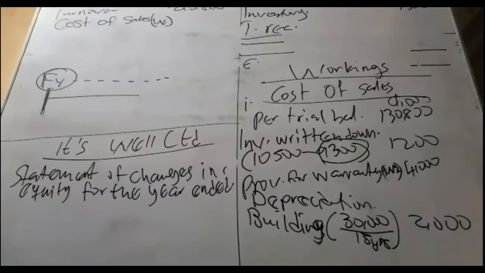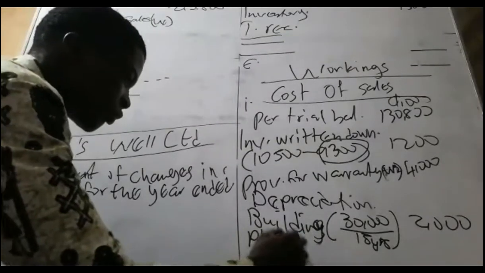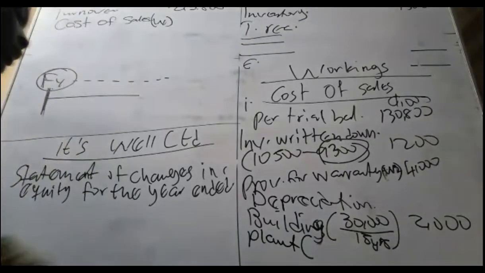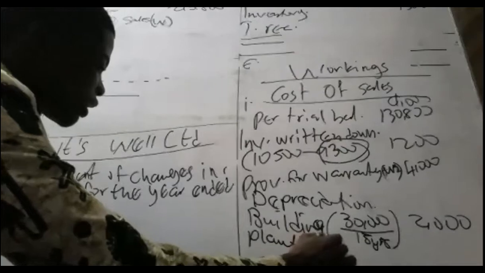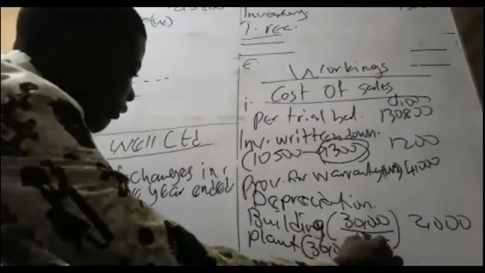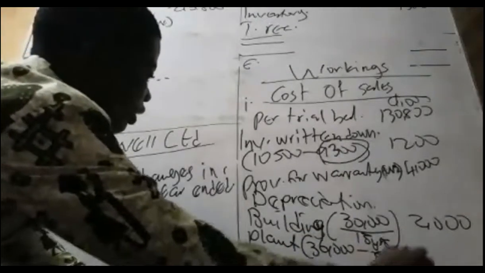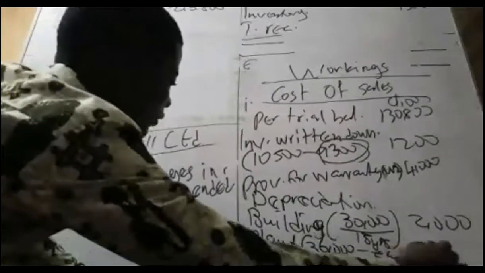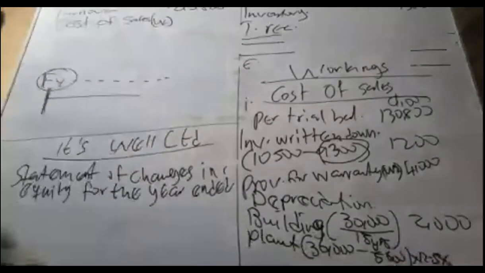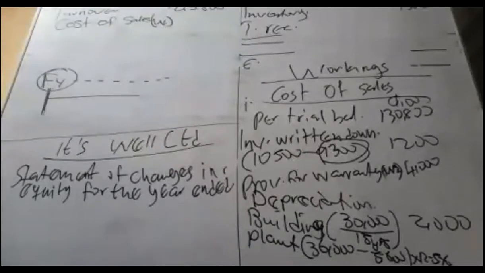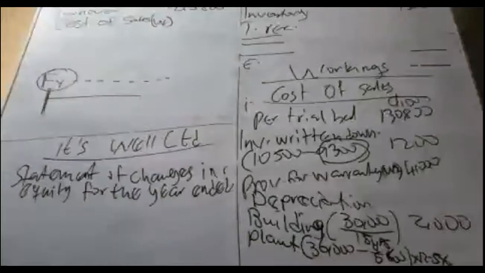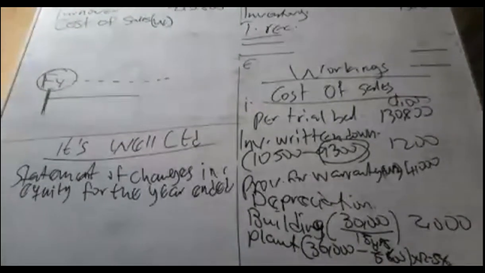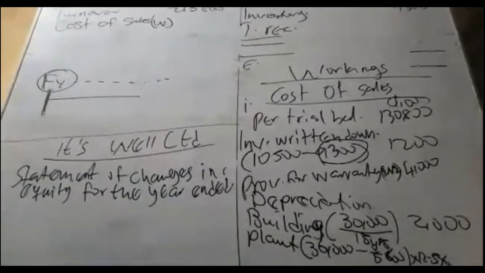So I write here plant: open my bracket, 36,000 less 5,600 times 12.5%. Agreed. So what will be the answer?